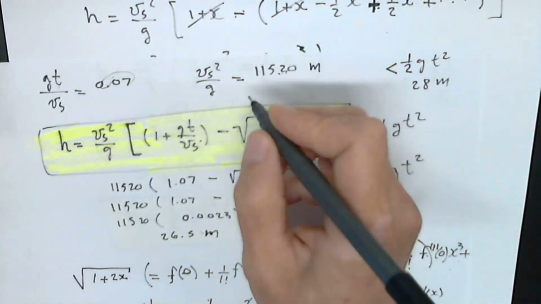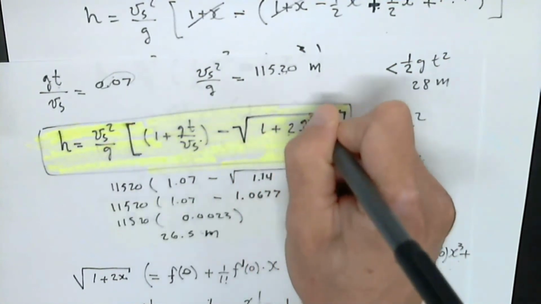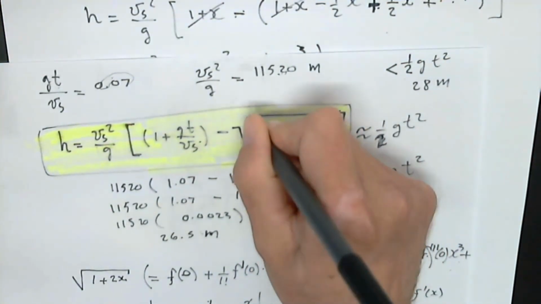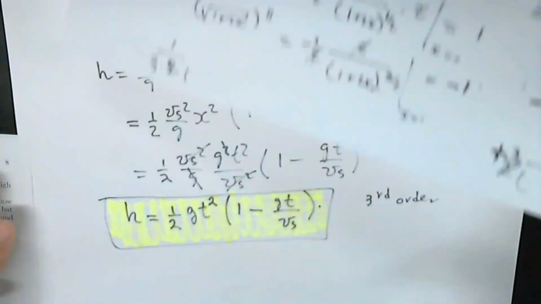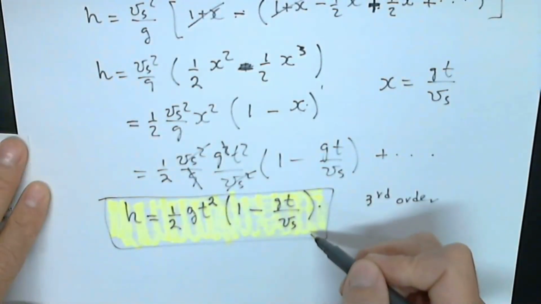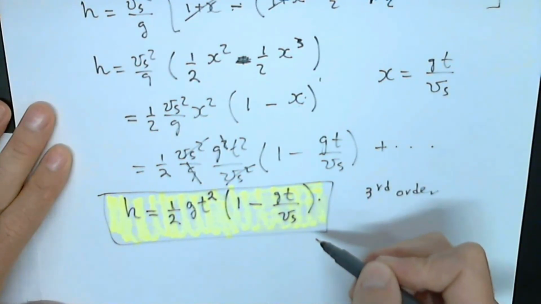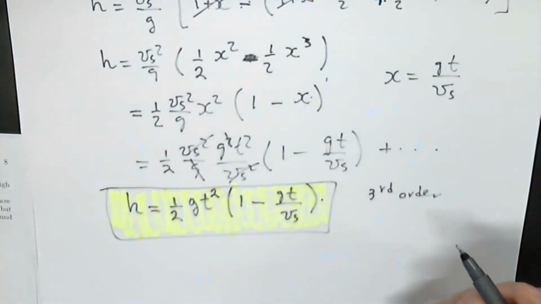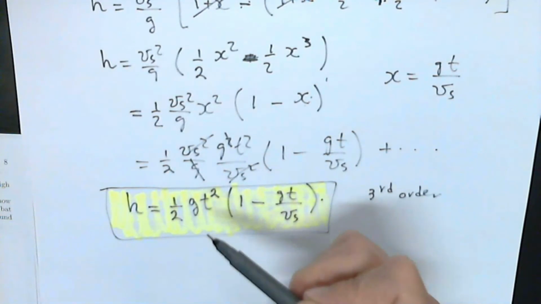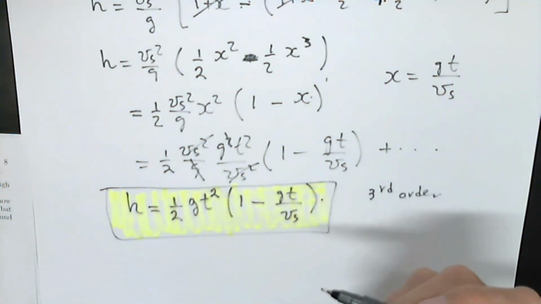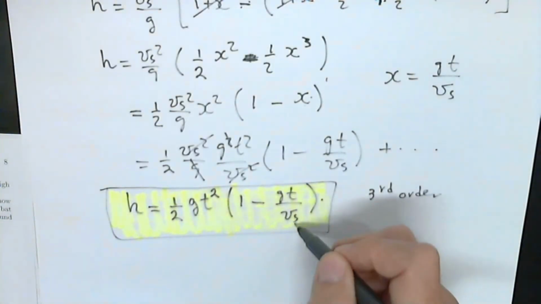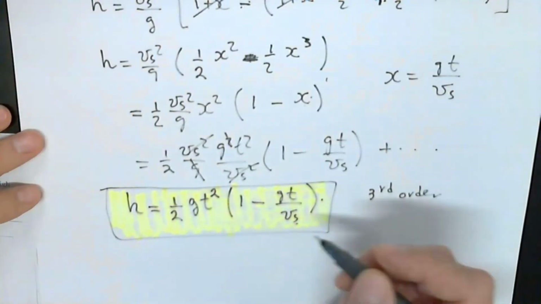But if you Taylor expand this function over here, as I did over here, the third order approximation is where you get it. The second order is 1/2 gt squared, and the first order is 1/2 gt squared. You need to take up to the third derivative to see the speed of sound. And what is this?